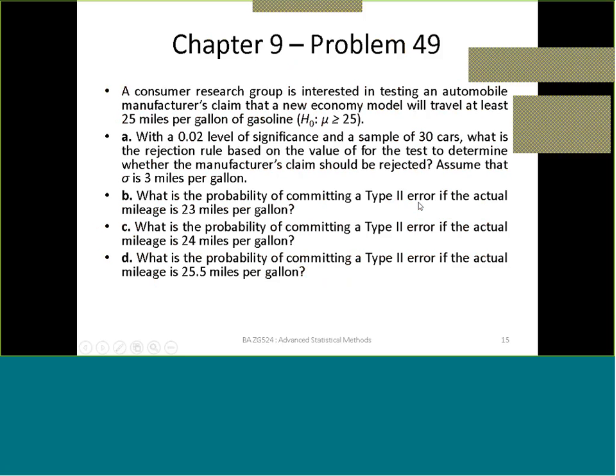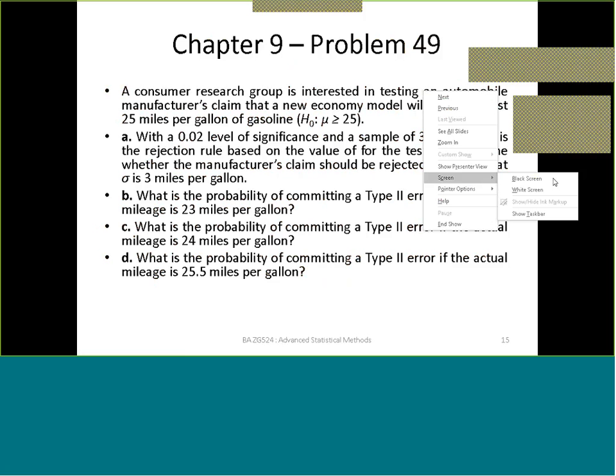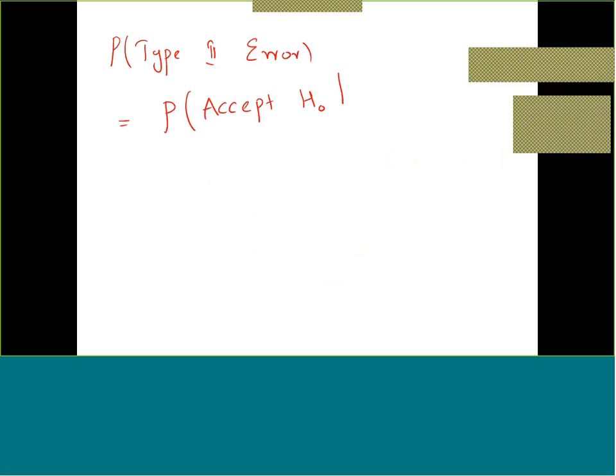Now what question I am asking you? I am asking you to calculate type 2 error for a particular alternative hypothesis, 23. So that we will do. So what is probability of type 2 error? So probability of type 2 error is probability of accept H naught when HA is true.